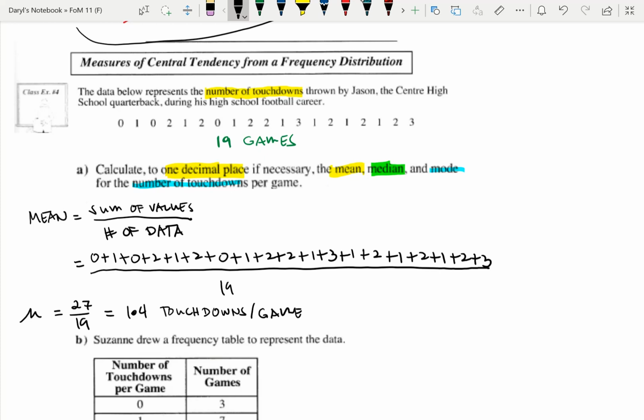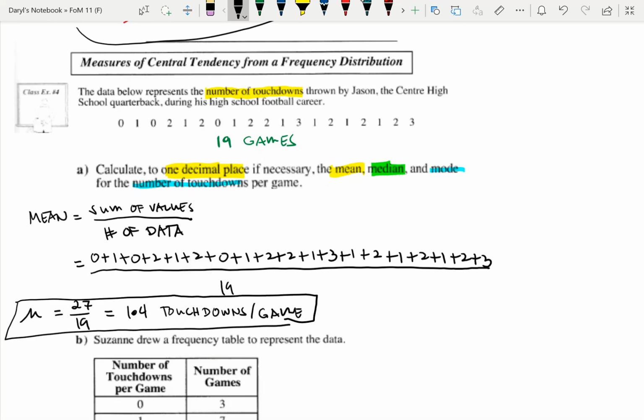Okay, so that's the mean. The mean is 1.4. You can use your scientific calculator for this to calculate for mu. So next we have the median.